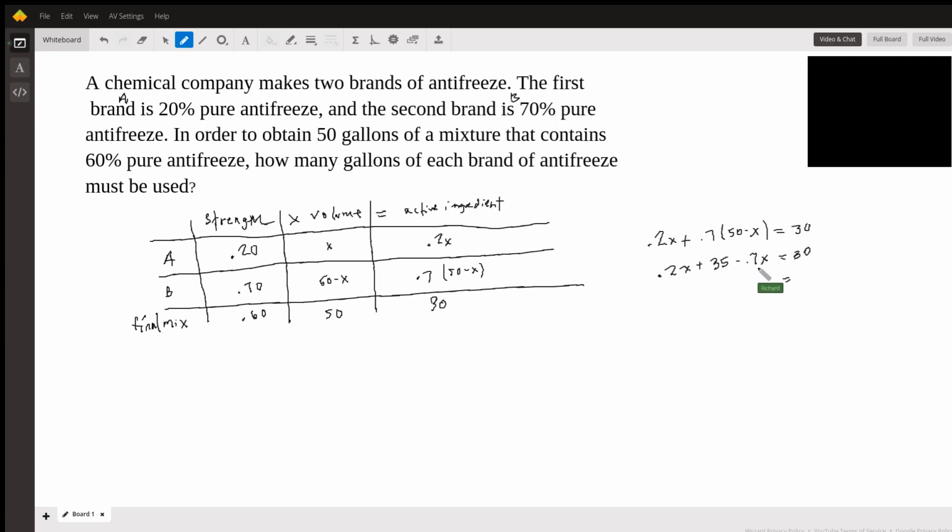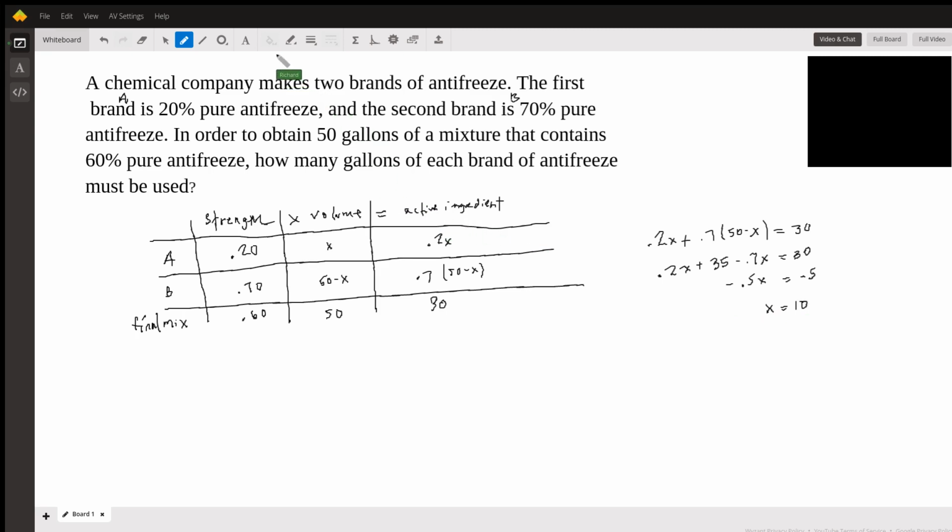Okay, so I'm going to bring the constant 35 over here, get a -5, and I'll combine the x terms here. That's going to give me a -0.5. And then we'll divide by -0.5, and that will give us x is equal to 10.